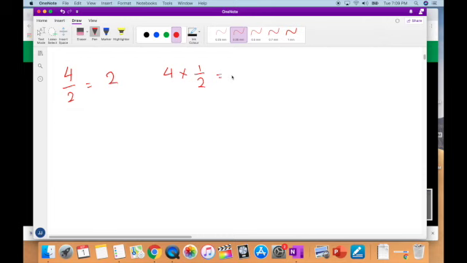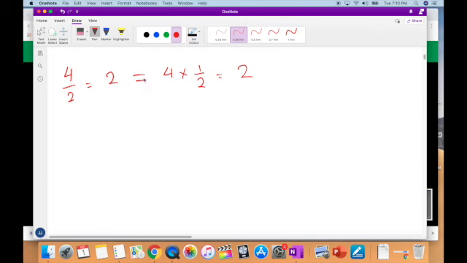Is it 2? Caitlin, what's 4 multiplied by a half? 2. So what I want to show you is that these two are the same thing.